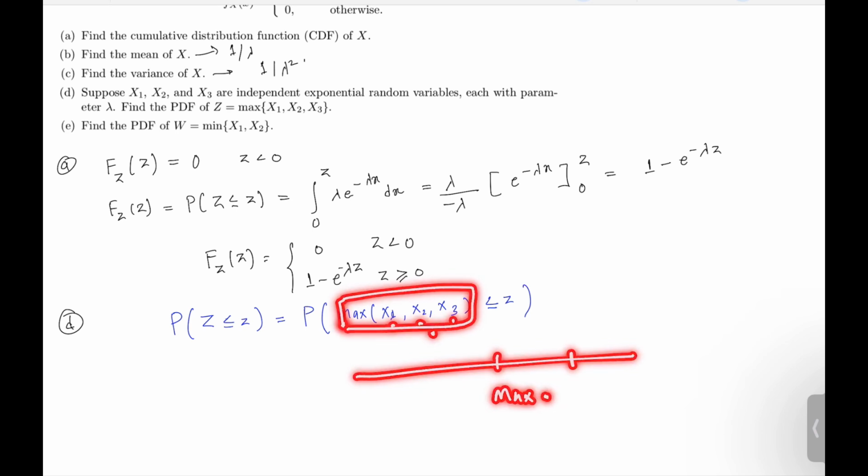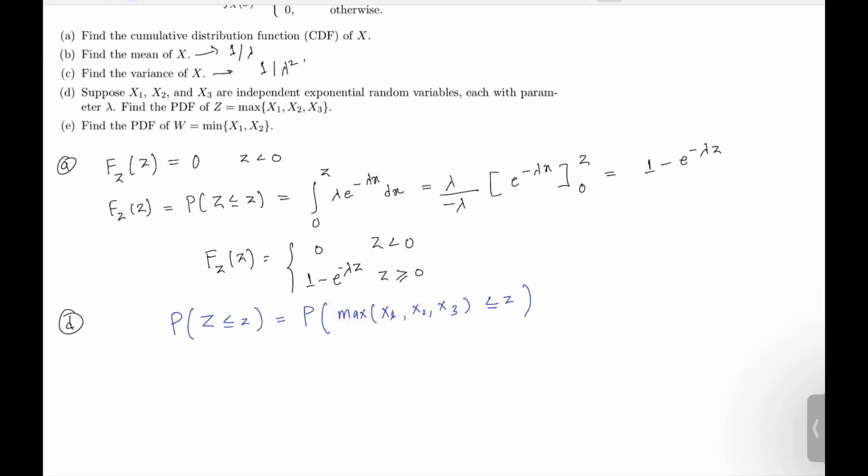So z will be somewhere on the right side of the max. Whatever the other numbers are that are not the max, they will be less than this max. So each of the numbers will also be less than z. So we can write that if the max of X1, X2, X3 is less than z, then each of these will individually be less than z.